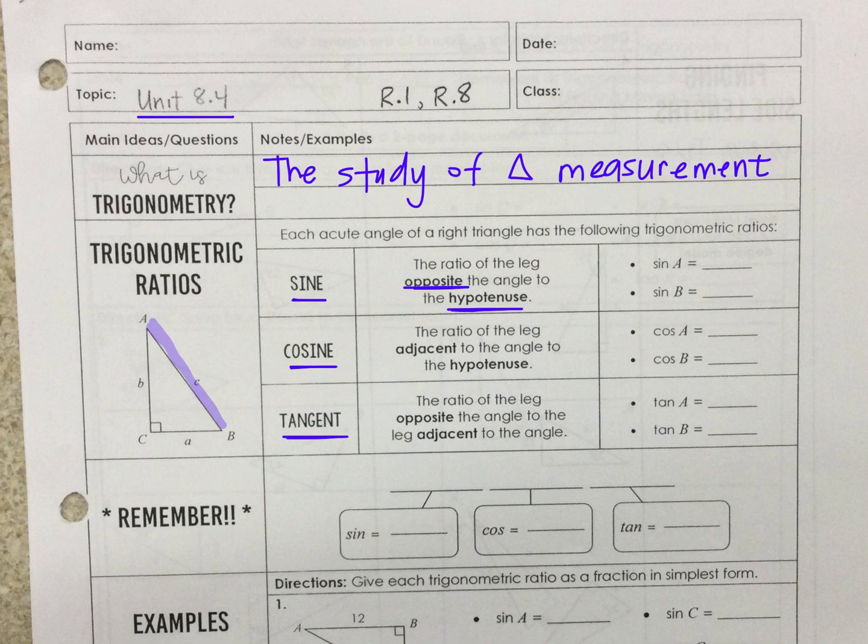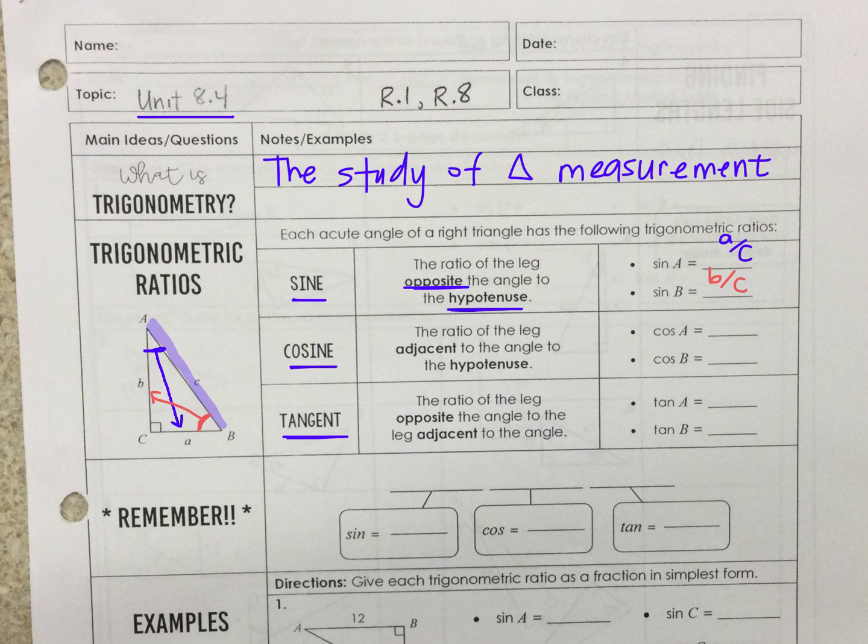So the sine of A: opposite of A is little a, over hypotenuse C. If I wanted to talk about angle B, I would say opposite of B is little b, over the hypotenuse, C. Whenever I talk about sine, I always talk about opposite over hypotenuse.